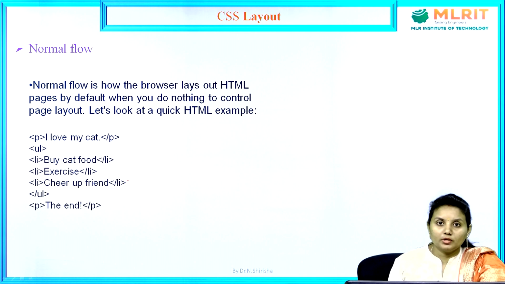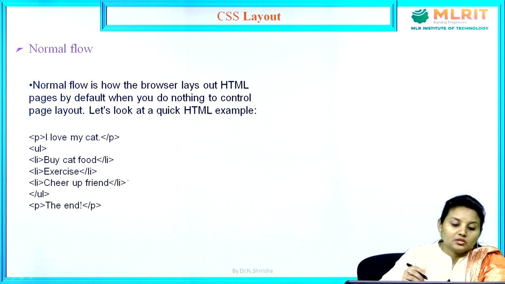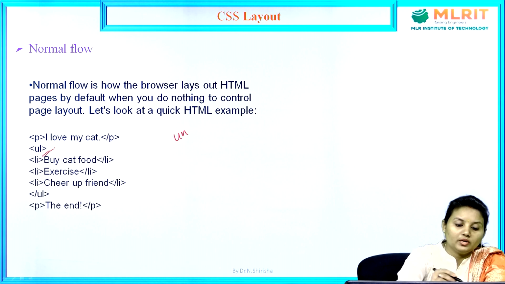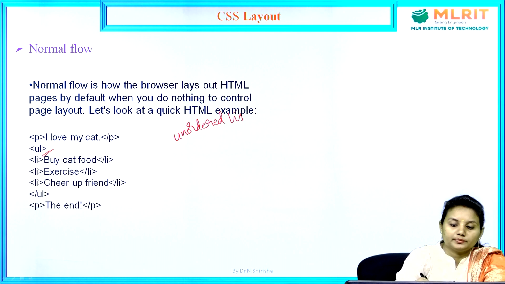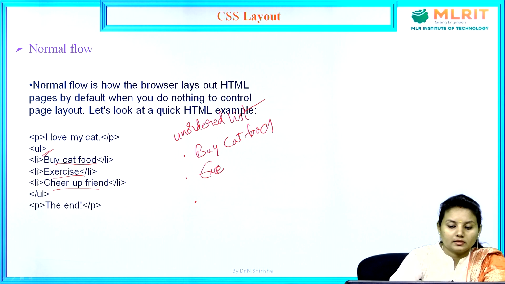So what is a normal flow? You all remember what is a list. Here you have an unordered list; an example of UL is nothing but an unordered list. So what is an unordered list? You don't have any order, you just give bullets followed by the list items you want to give: eat food, exercise, cheer up friend.